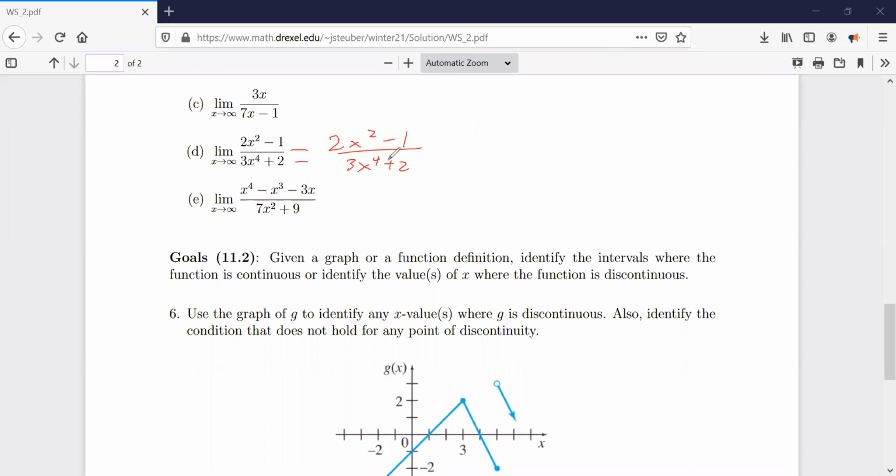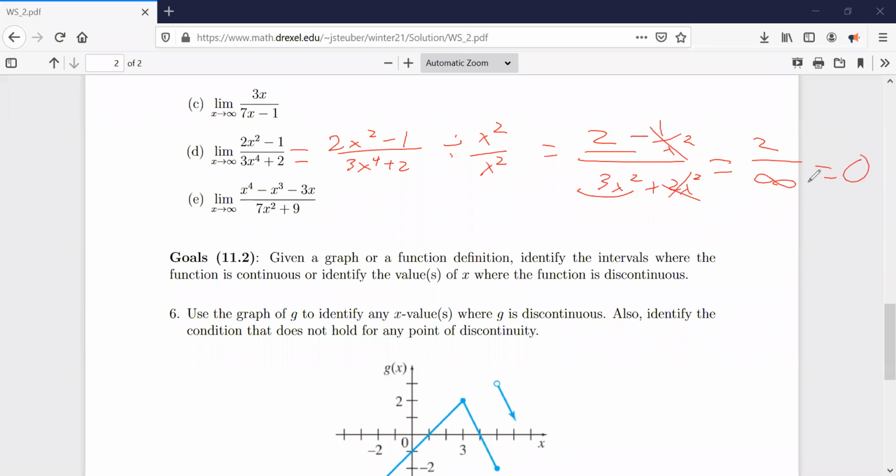So if we were to divide both of them by x squared, then I would get 2 minus 1 over x squared, and then we have 3x squared plus 2 over x squared. And this guy goes to 0, this guy goes to 0, this guy stays constant, and then this guy goes to infinity. So I get basically 2 over infinity is equal to 0.